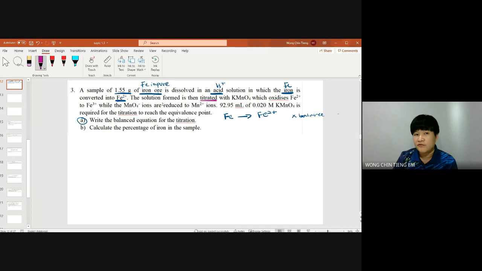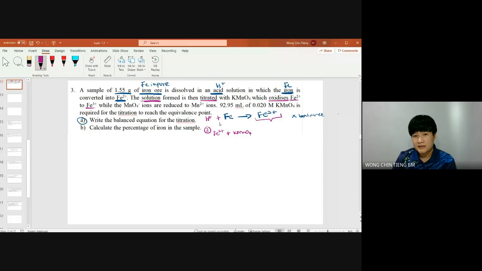Equation kedua actually is the solution form is then titrated. So I have Fe that added into acid. The Fe become Fe2+. Form over here will then titrate with KMnO4. So, equation kedua sebenarnya adalah guna Fe2+, that will then react with the KMnO4 as stated, which will oxidize Fe2+ to become Fe3+.